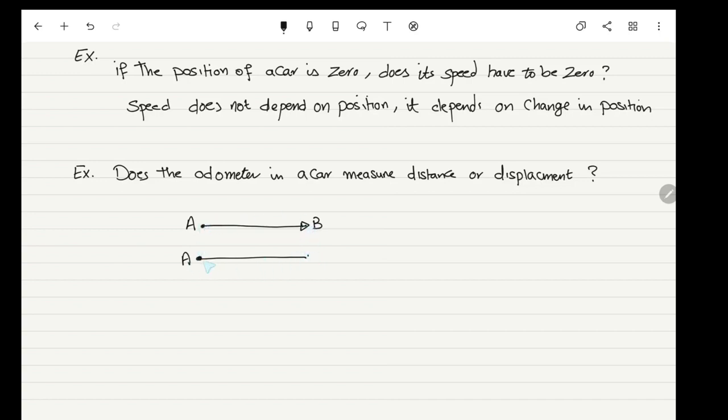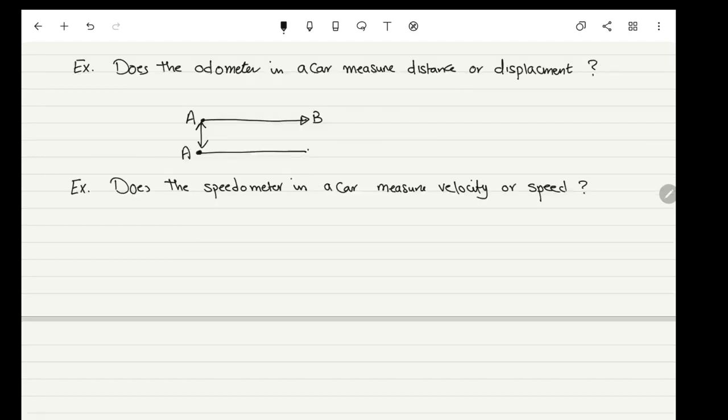The total distance doesn't measure the displacement. Displacement here equals 0 because you start from A and you end up at A. The final position is the same as the initial position.